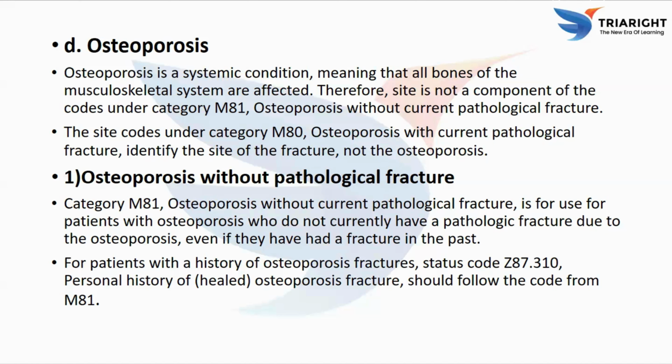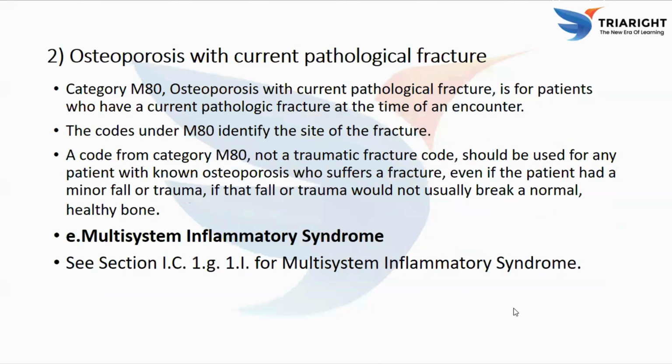So past fractures do not change the code. Whether it is an old or a healed fracture, you have to use the history code Z87.310 but not M80. So this is about osteoporosis without pathological fracture, and then osteoporosis with current pathological fracture.